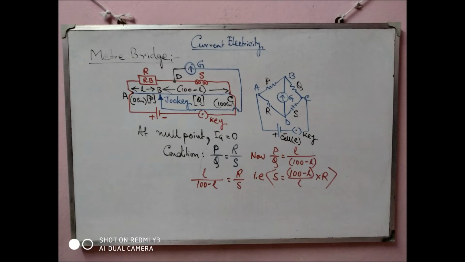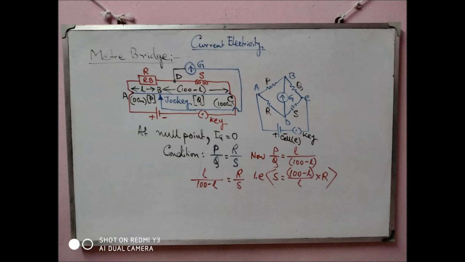So the ratio of L and 100 minus L is the ratio of P and Q. So P by Q equal to L by 100 minus L, and that is equal to R by S from the condition of null point. If we make S the subject, we get S equal to (100 minus L) by L into R.